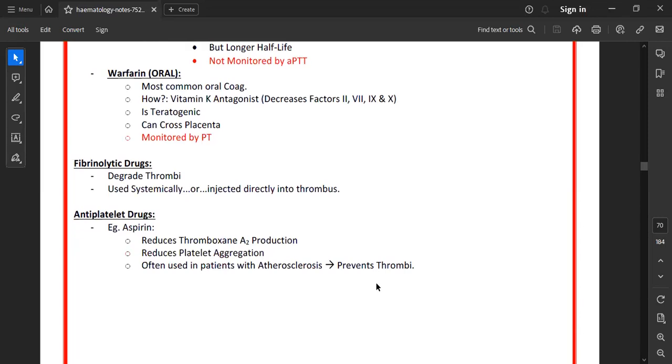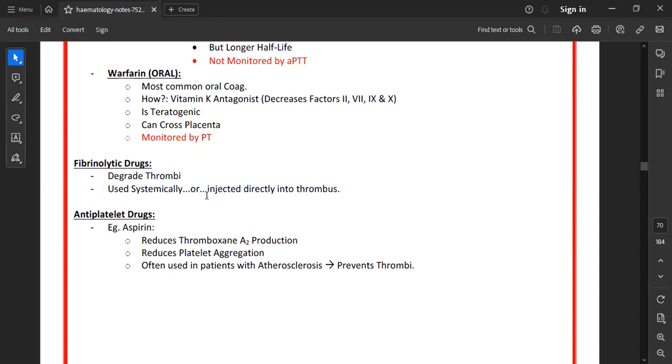Can have fibrinolytic drugs. Fibrinolytic drugs examples include streptokinase, urokinase, the ones called reteplase, tenecteplase.